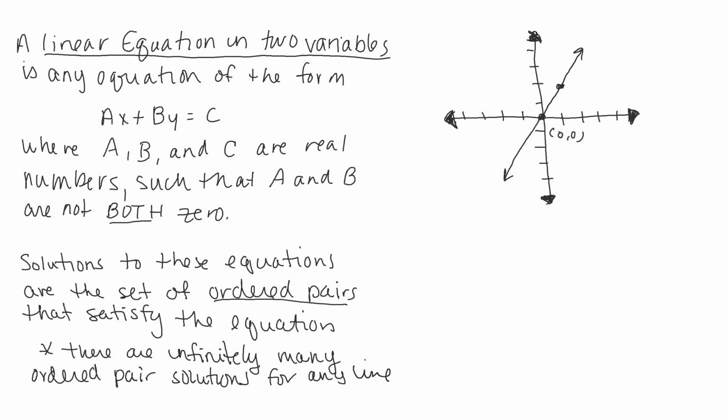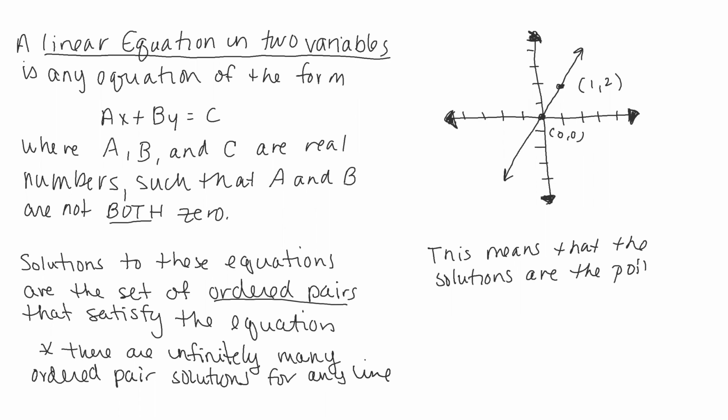I can also see that the line goes through the point 1, 2. Well, that would be 2 solutions to the equation. So this all means that the solutions are the points that make up the graph of the equation.